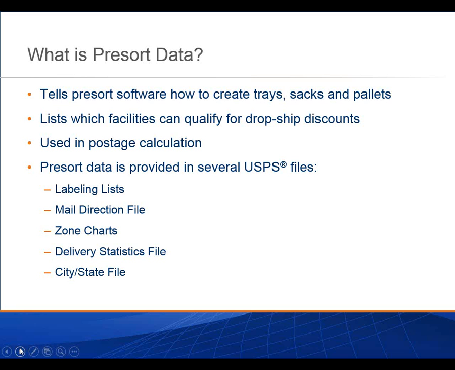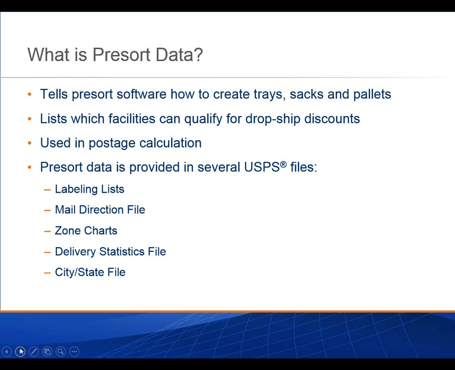Next is the zone charts, also referred to as the zone matrix, and that data is used in some of the postage calculation when it comes to periodical mail and also bound printed matter. Then the last 2 files are the delivery statistics file and the city-state file.